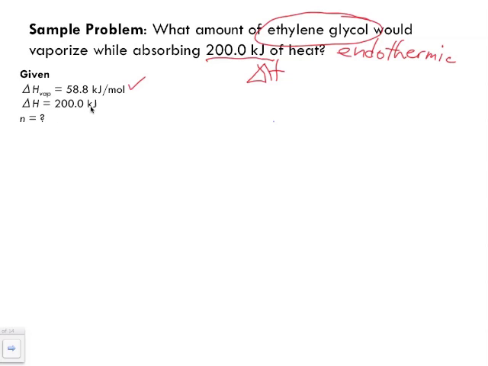If we compare these two, the amount of heat we're absorbing is greater than the actual molar enthalpy of its vaporization. So we know we're using more than just 1 mole, so we want to find out how many moles we are really using.